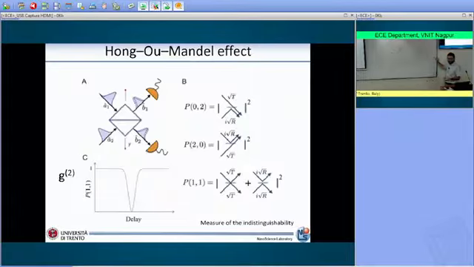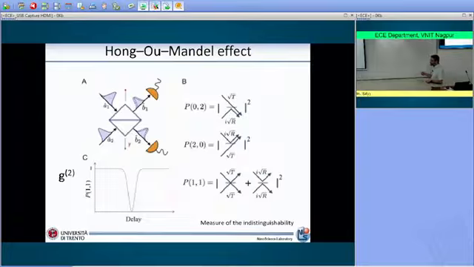And therefore, when I'm computing the probability, I have to sum the probability amplitudes that the photons realized this situation or that situation. But what is different in those two situations is that in the reflection coefficient that describes what is happening at the beam splitter, I have the imaginary number i.